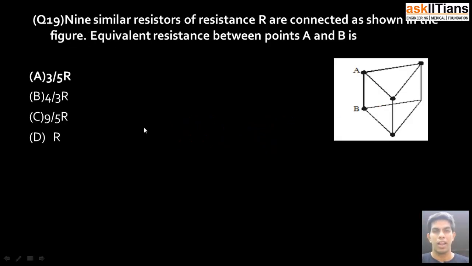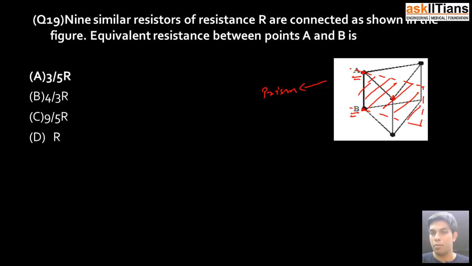So moving on to the 19th question, it says 9 similar resistors of resistance R are connected as shown in the figure. The equivalent resistance between points A and B is? This figure is kind of a prism, and we need to find the net resistance between points A and B. I have this prism, and here is a plane of symmetry.